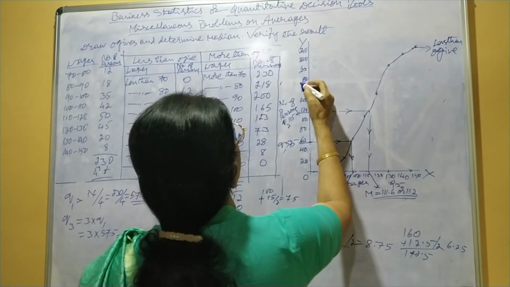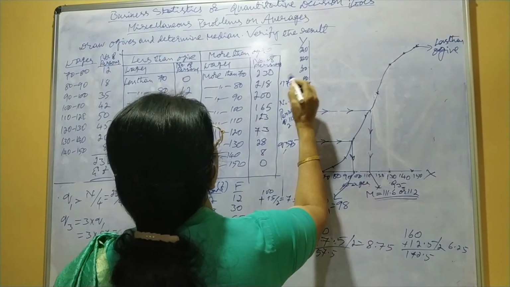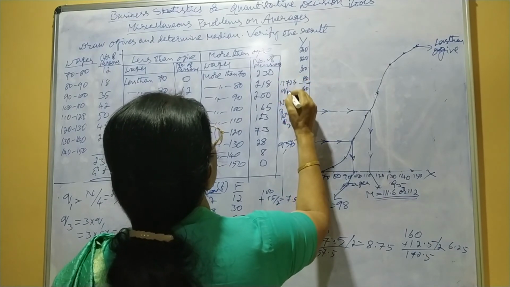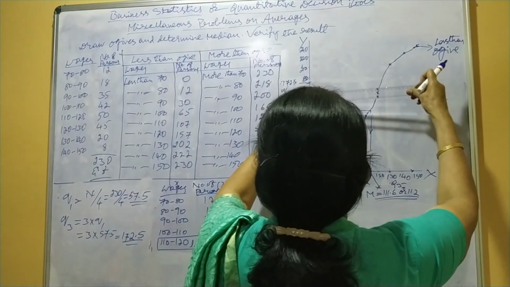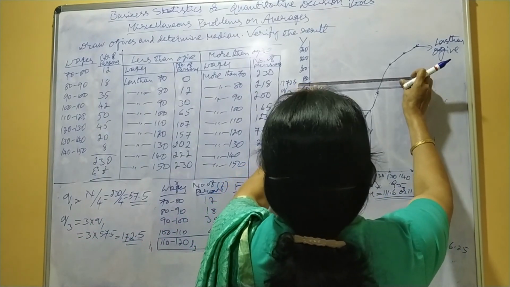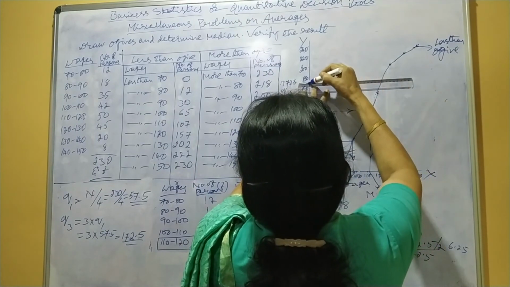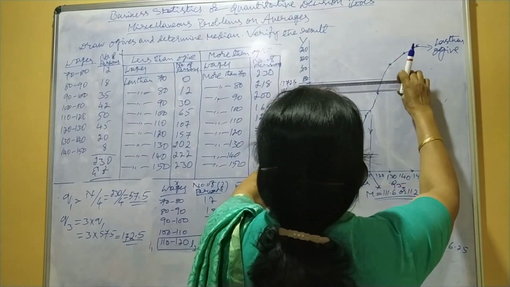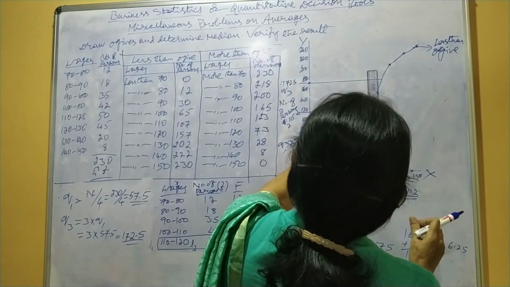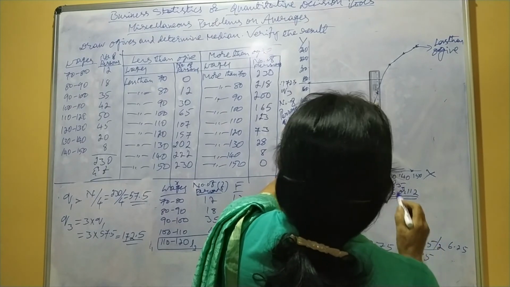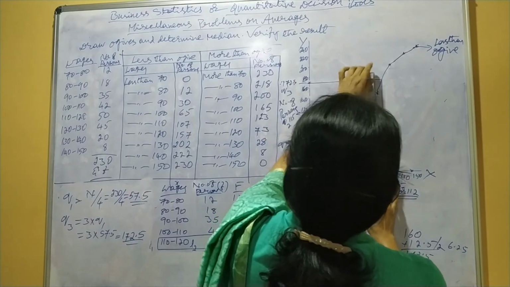Here locate Q3, that is 172.5. Now from that point draw a straight line parallel to the x-axis until it reaches the less than ogive. Now from that point draw a straight line perpendicular to the x-axis.